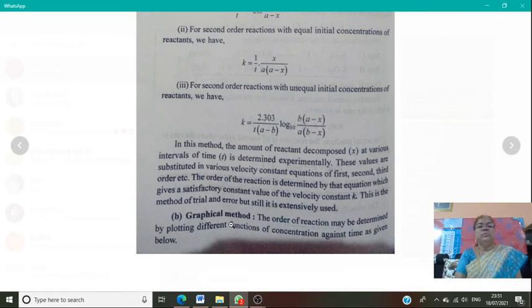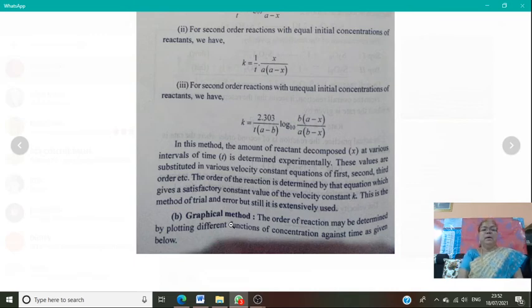These values are substituted in various velocity constant equations of first order and second order, and the order of reaction is determined by the equation which gives a satisfactory constant value of the velocity constant K. This method is of trial and error, but still it is extensively used.